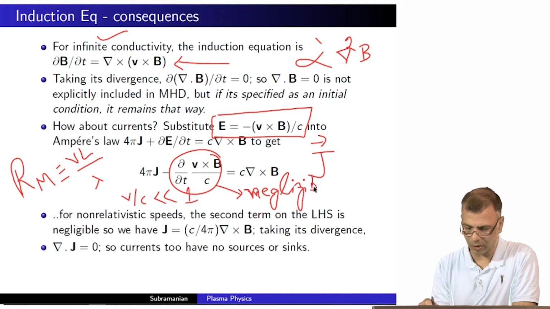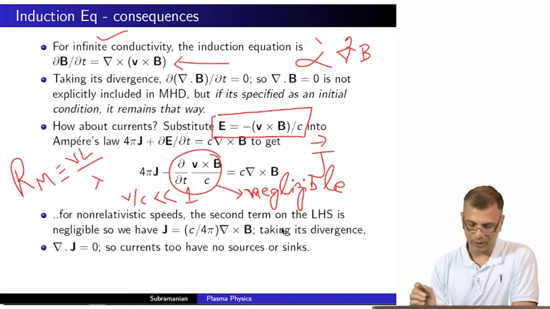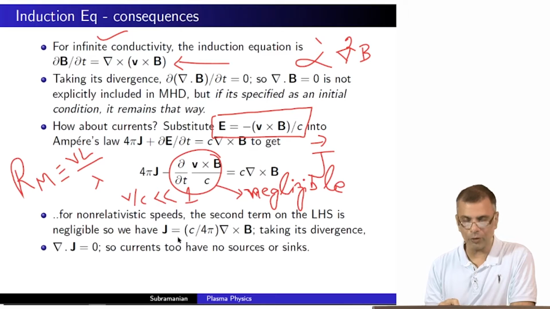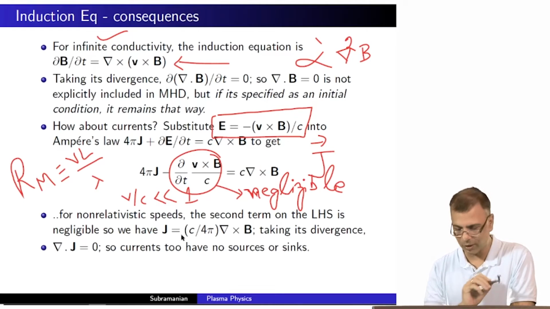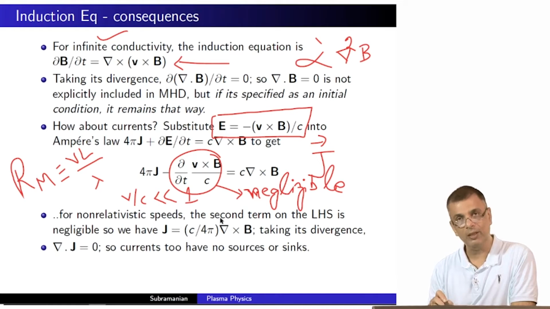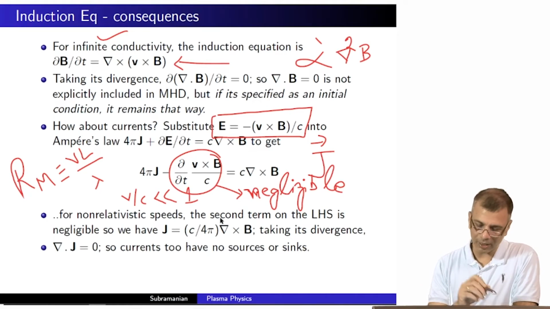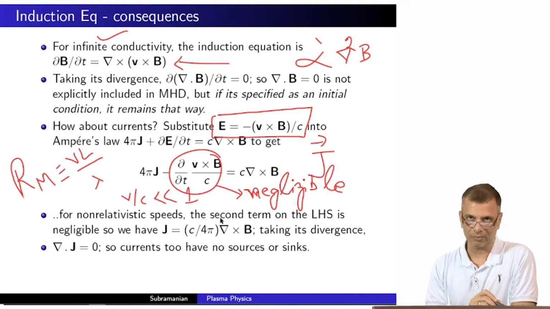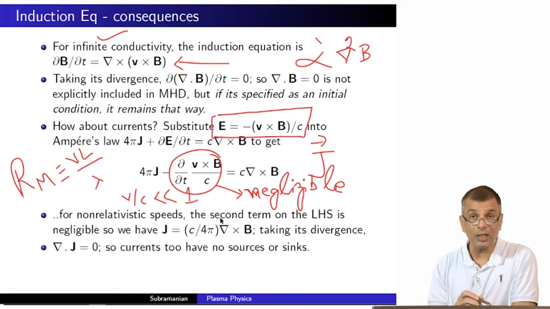So we don't consider this term, and you simply have J equals C times curl of B, right? If you draw an analogy with the electrodynamics that you already know, you will immediately recognize that this is just the displacement current term. The regular, non-displacement current part of it is not there at all.